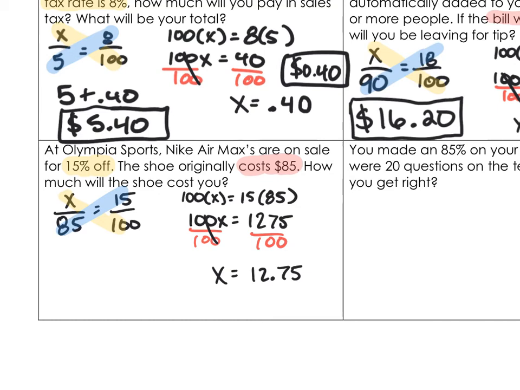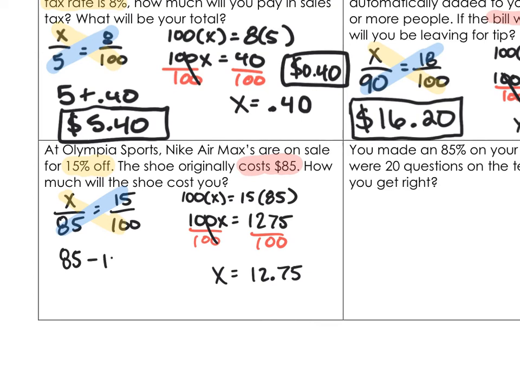Okay. Now, here's the thing you have to know. Go back, read the question. Does the question ask you for the discount? No. It says, how much will the shoe cost you? Okay. Well, we know we're taking 15% off. Our original was 85. What is this 12.75 going to do to 85? Do we want to add it or do we want to subtract it? You want to subtract it. That is correct, because a discount means you are saving money.